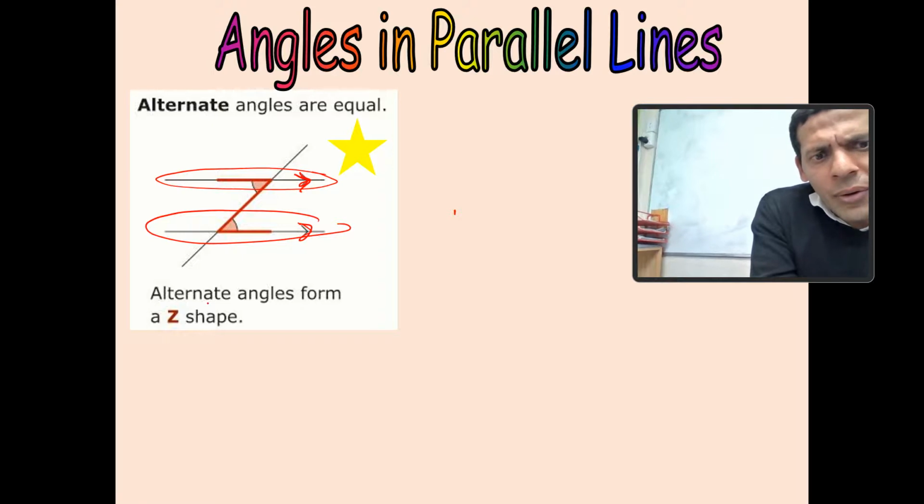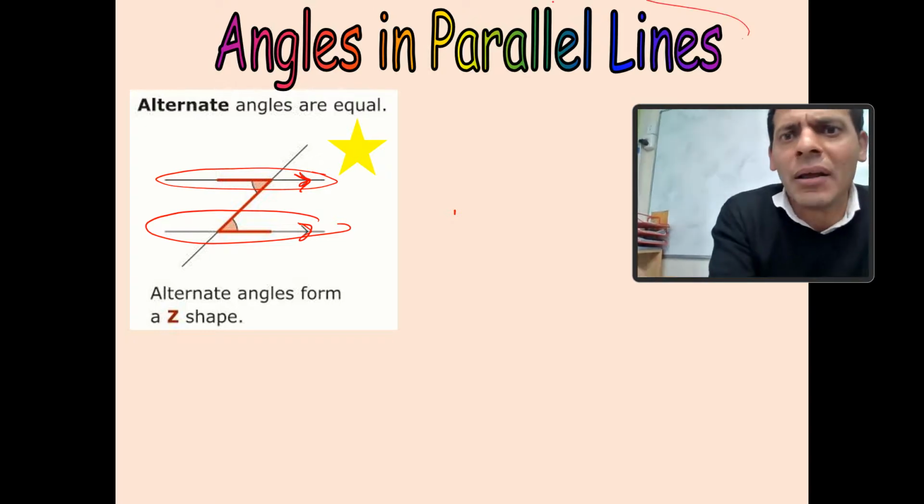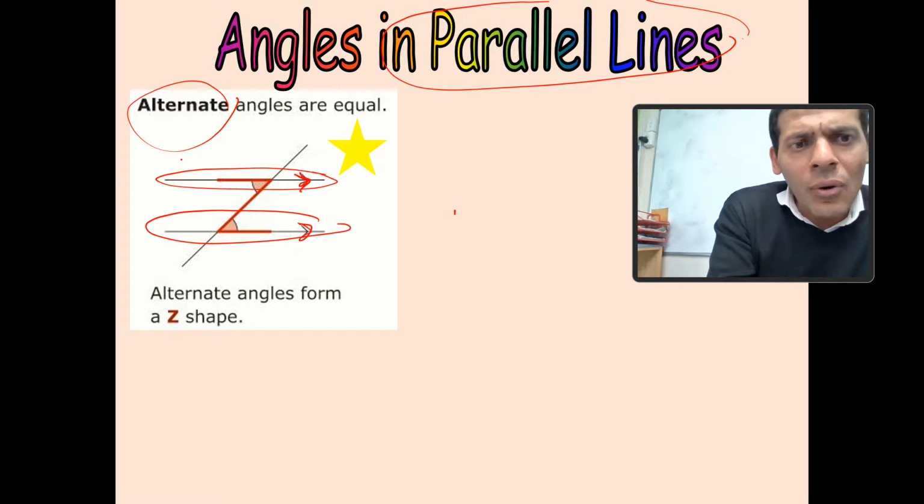The alternate angles form a Z shape. So the first angle we have when we have two parallel lines is, yes, alternate angles. The alternate angles are always equal.